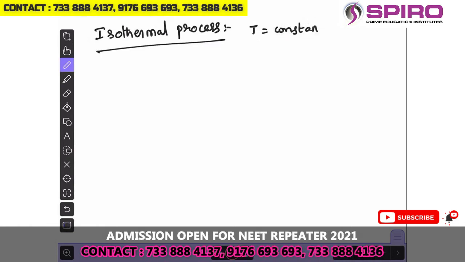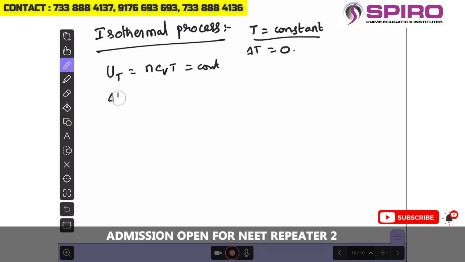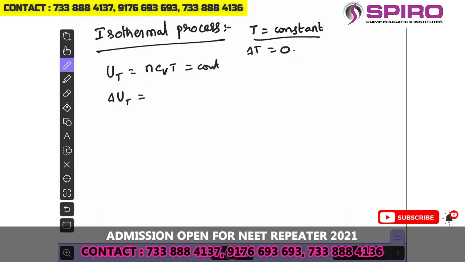If the temperature is constant, then change in the temperature will be zero. If temperature is constant, internal energy of the system, nCvT, is constant, and change in the internal energy will be nCv delta T. Being delta T zero, change in the internal energy also will be zero.